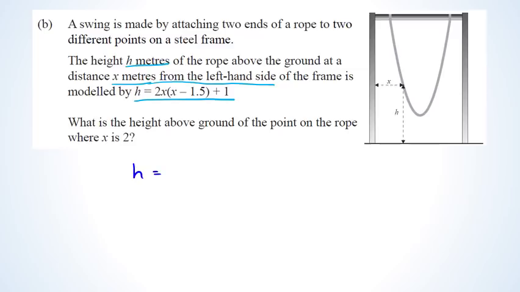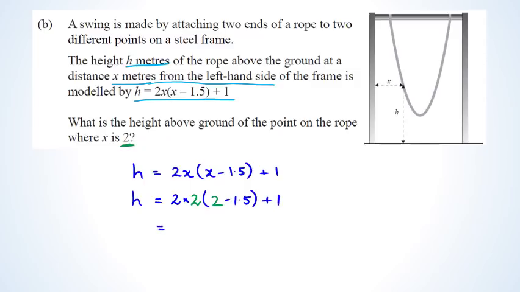So here's your equation: H = 2x(x − 1.5) + 1. You're replacing wherever x is with a 2. So you're going to get 2 multiplied by (2 − 1.5) plus 1.